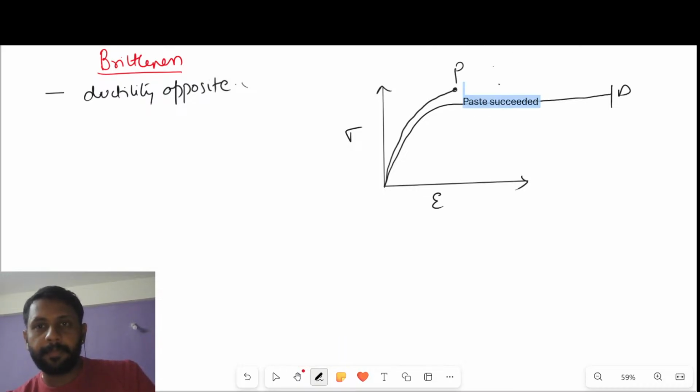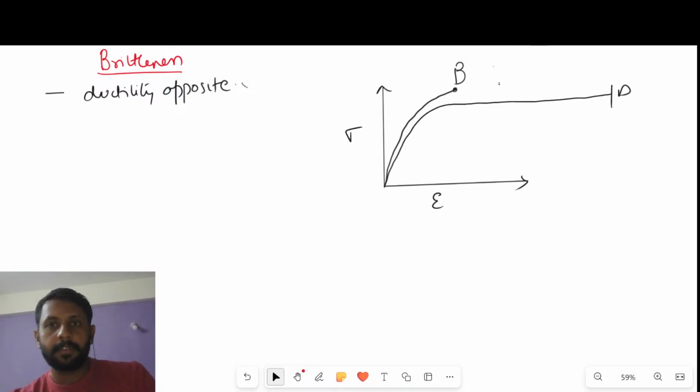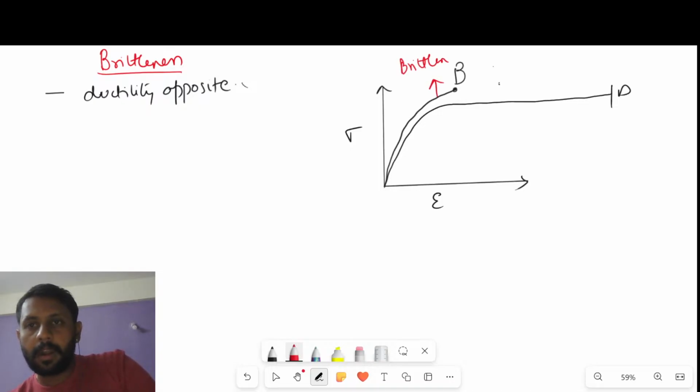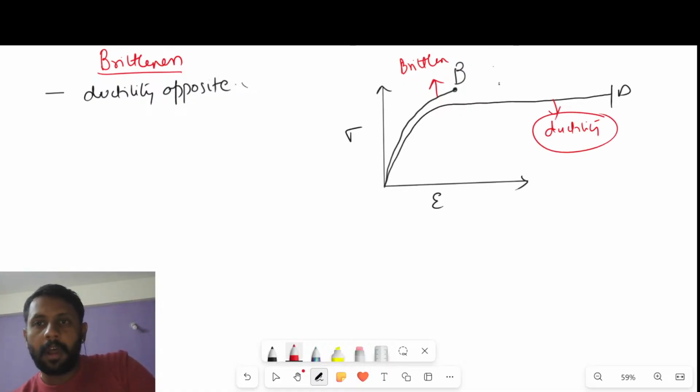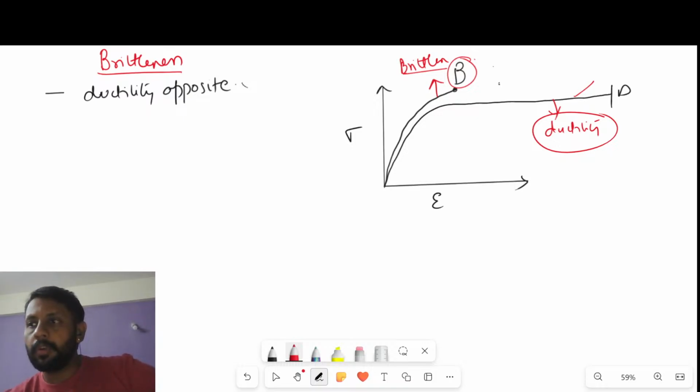This graph represents brittleness, and this one represents ductility. A ductile material will have a huge deformation before failure, but a brittle material will not undergo any deformation. It will stay still and suddenly it will fail. So ductile material will fail with a warning, whereas brittle material will fail without warning.